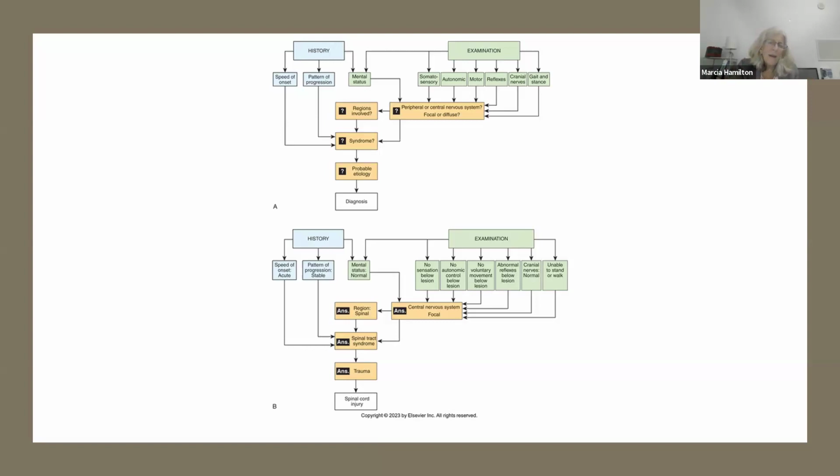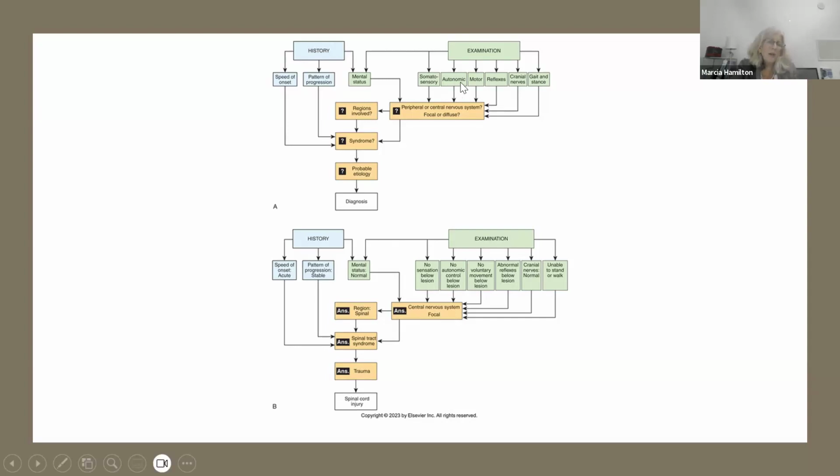The things that we evaluate, what you're going to be learning in this course, will be understanding about the somatosensory system. So is the patient able to feel, or do they have a disorder such as diabetes where they have peripheral neuropathy? Can they feel temperature? Can they feel pain? Can they feel if something is a vibration or proprioception, so position sense? So we learn about how to test those in this course.